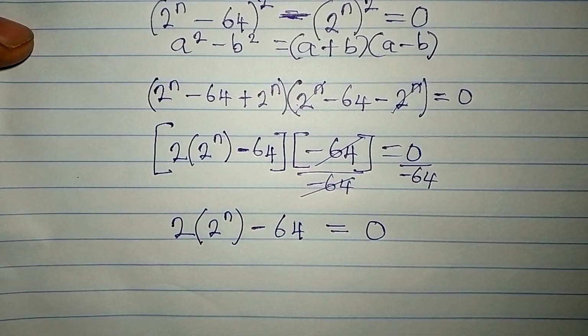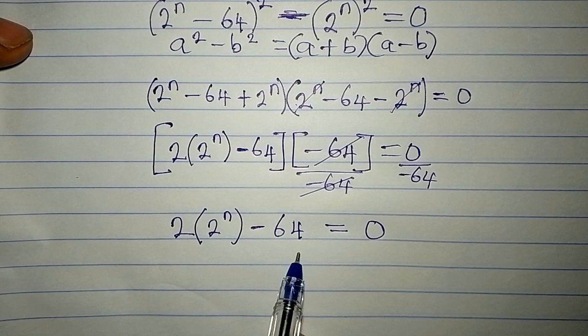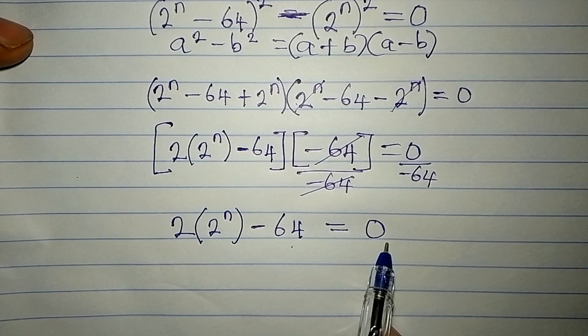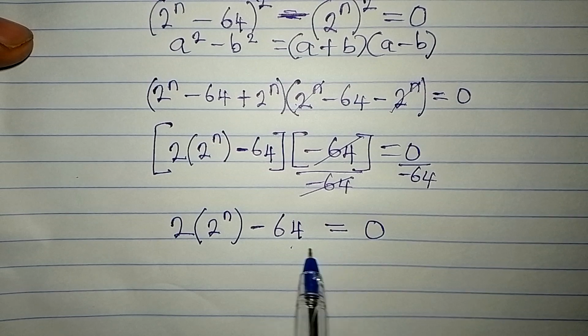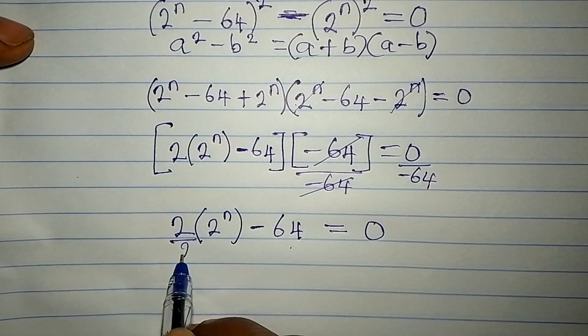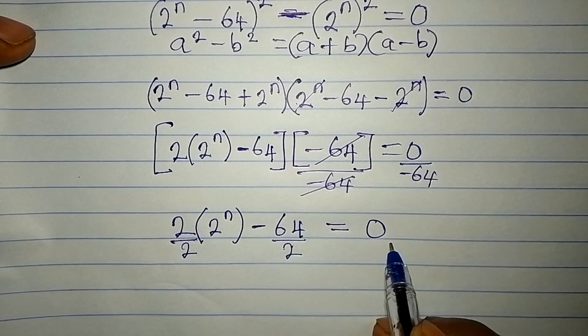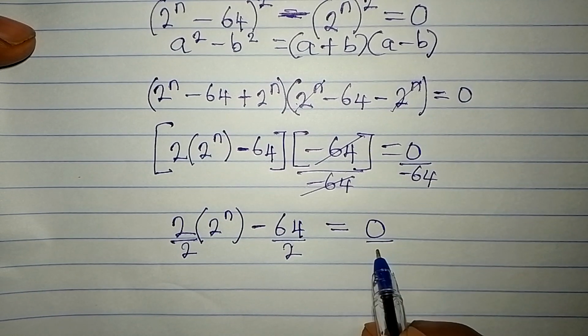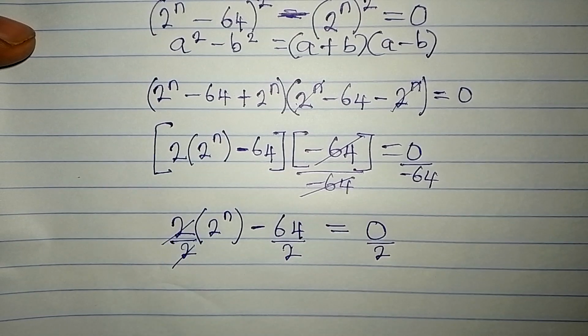Now from here, what can we do? You look at the 2 here, the 64 here, and there's a 0 over there. We can reduce this equation by dividing by 2, because 2 is a factor of 64, and 0 can equally be divided by 2.